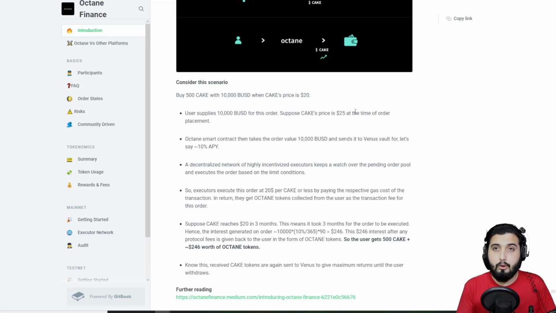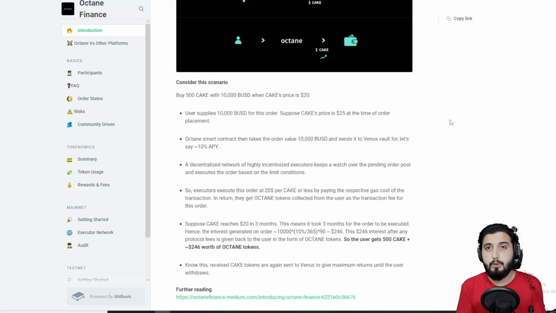So you place a limit order on buy at $20 with 10,000 BUSD. Currently the price is $25 per cake token, but when it drops to $20 per cake, it will automatically buy 500 cake tokens for 10,000 BUSD. And this is how limit orders actually work.